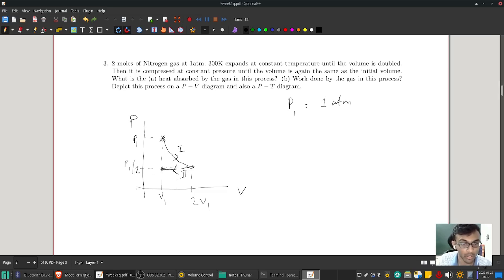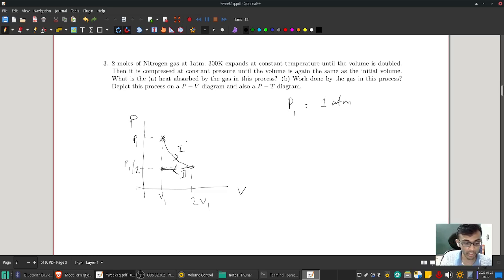So yeah, these are the two steps that the gas has been subjected to. Now we have to calculate the work done in this process and also the heat absorbed in this process and so on.